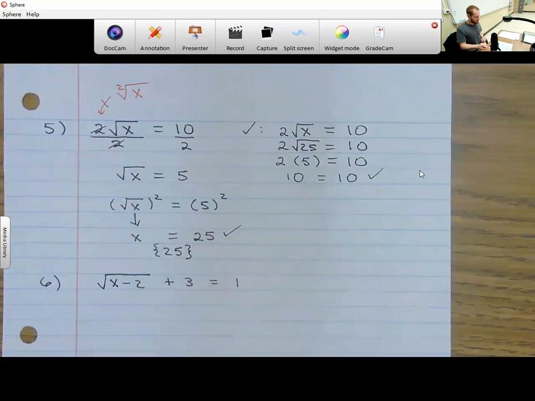So this is number 6. We're going to do this next. So the square root of x minus 2 plus 3 on the outside is equal to 1.